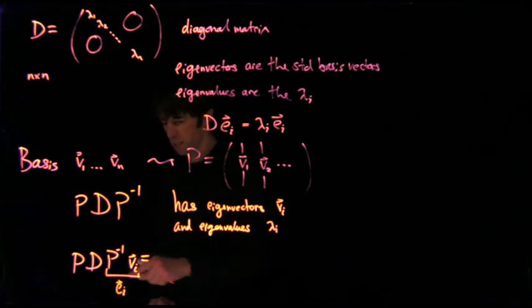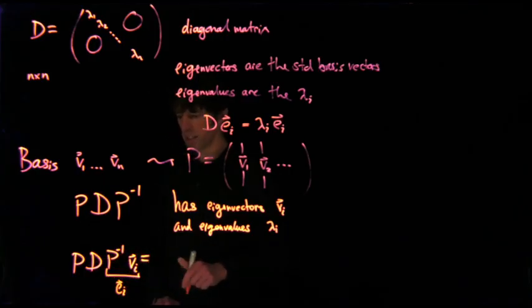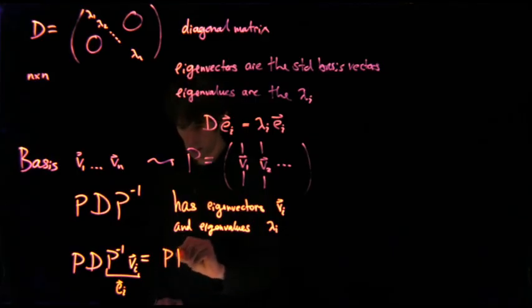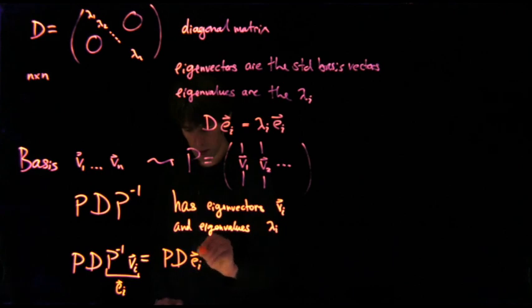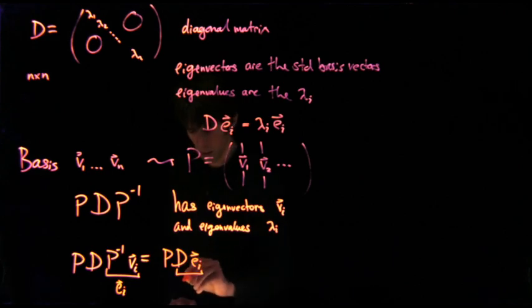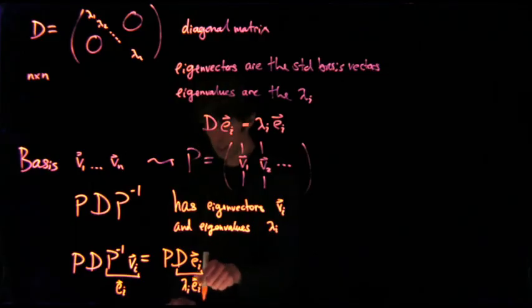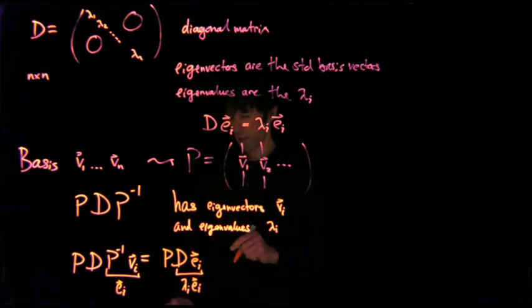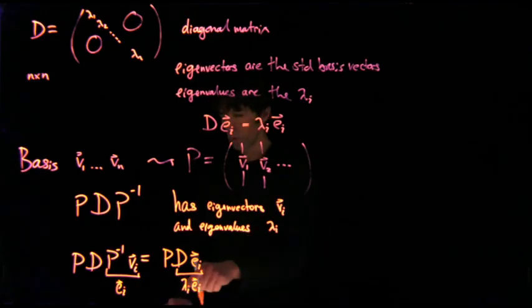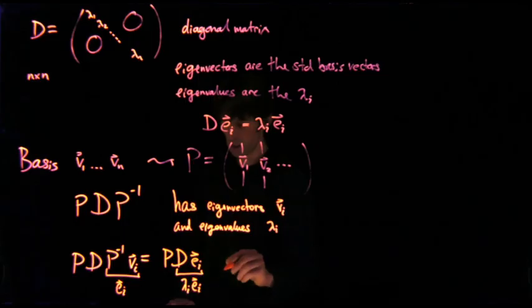D times e_i is lambda_i times e_i. So this is equal to P times D e_i, and this bit here is lambda_i times e_i, because e_i is an eigenvector with lambda_i as its eigenvalue. And then P here is linear, so this is equal to lambda_i times P times e_i.